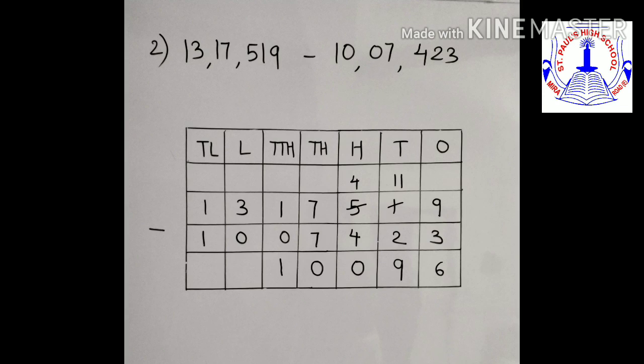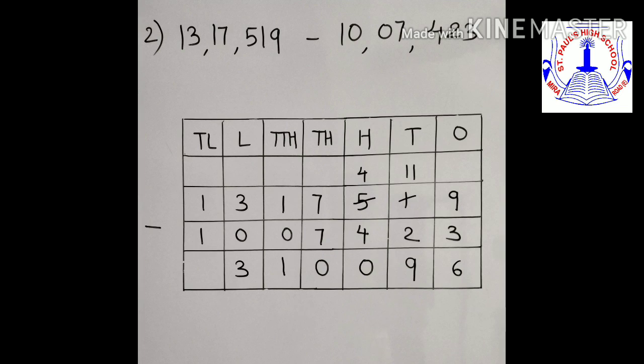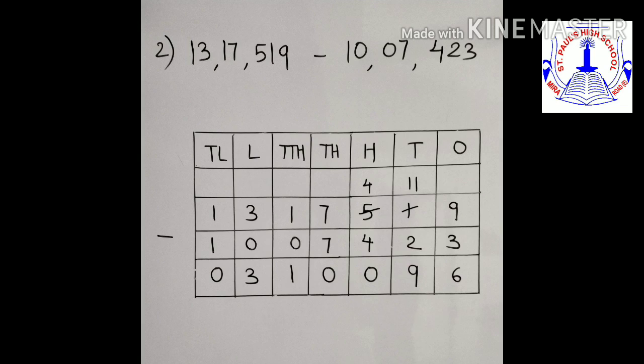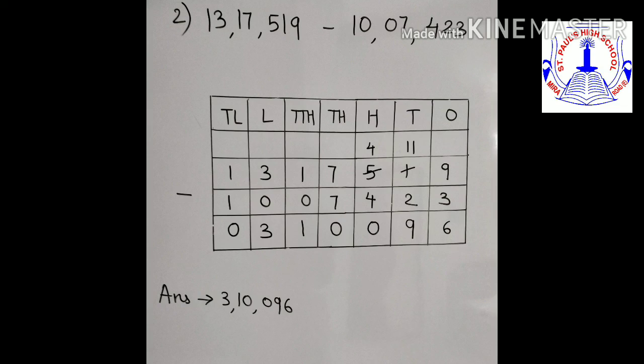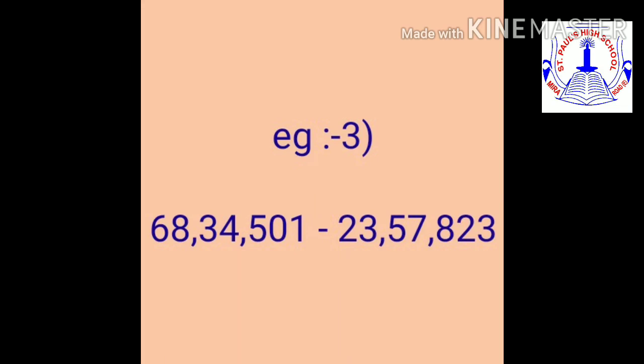In the lakhs place, 3 minus 0, which is equal to 3. And in 10 lakhs place, 1 minus 1, which is equal to 0. So our final answer is 3,10,096.